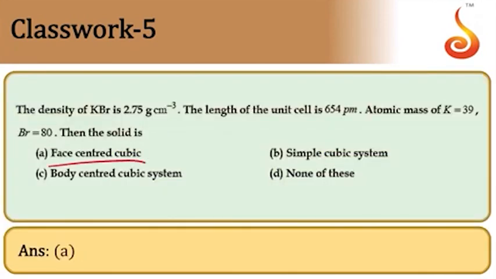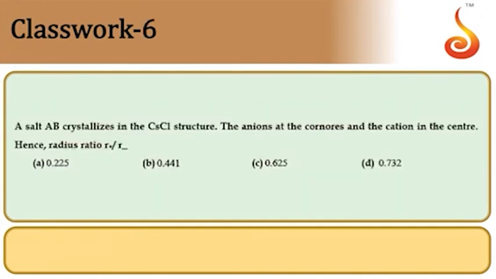So face-centered cubic structure. Then the salt AB crystallizes in the CsCl structure. The anions are at the corners and the cation is in the center. Radius ratio: CsCl will be a body-centered cubic structure.